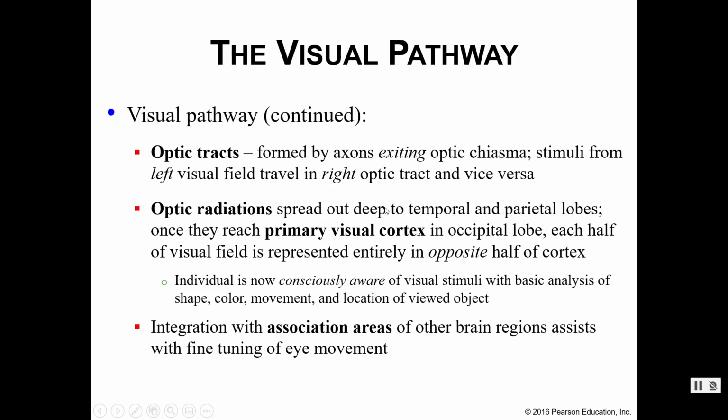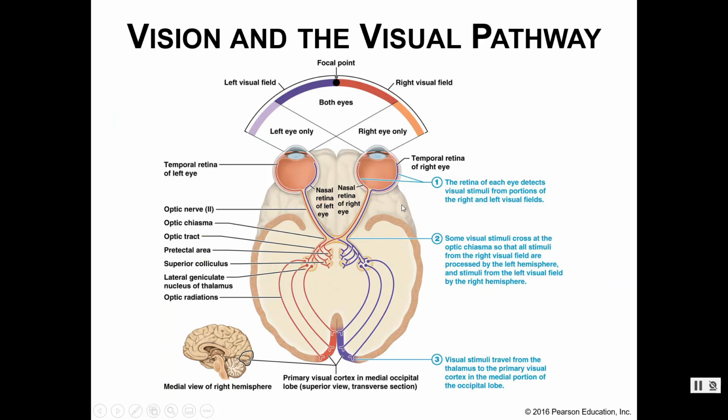These are nerves that go through the temporal and the parietal lobes, because where are we ultimately going? We're ultimately trying to get to the occipital lobe. So we've gone through the chiasm, we're going to keep on going, all the way through the temporal and the parietal lobes. We're aiming for the occipital lobe.